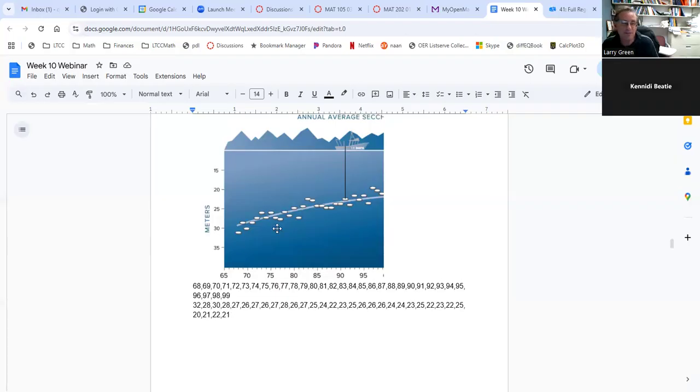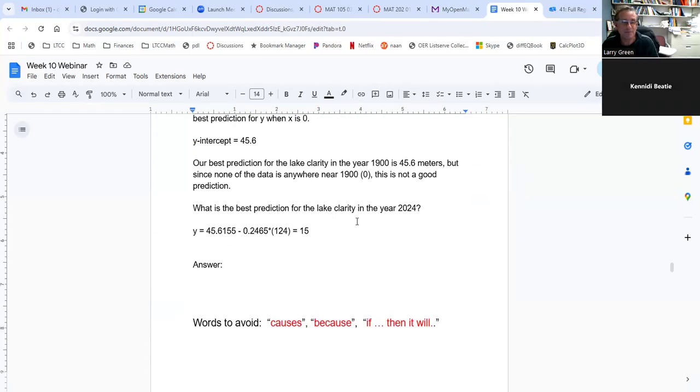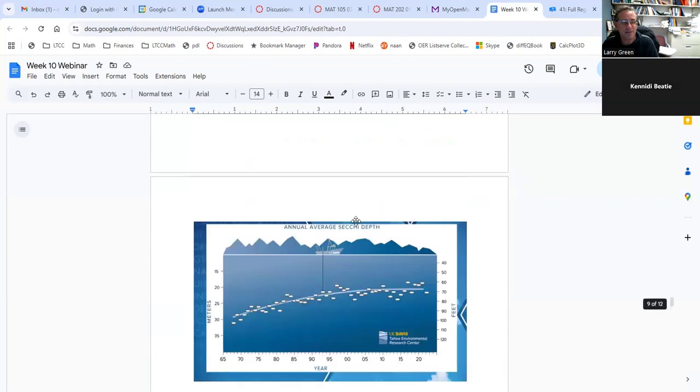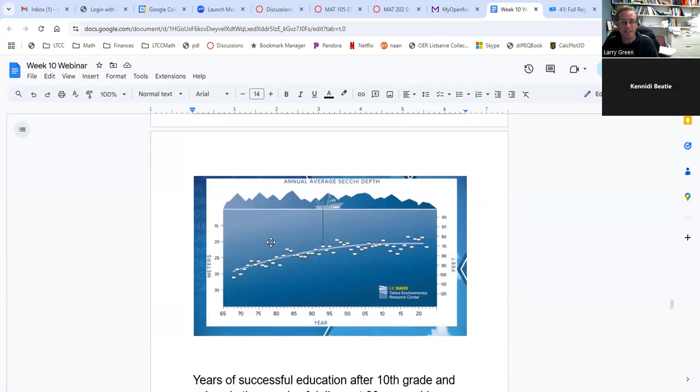Because that happened, instead of the trend keep going up and up and up, that's not what happened. So here's a picture. And if you look from the year 2000, which is right here, to now, what do you notice about clarity?